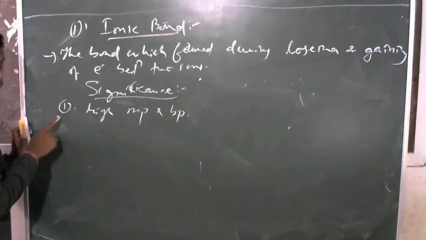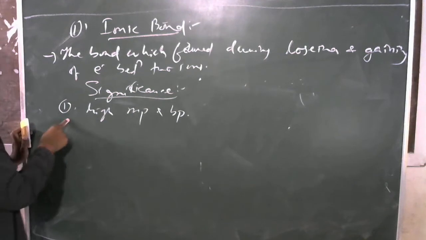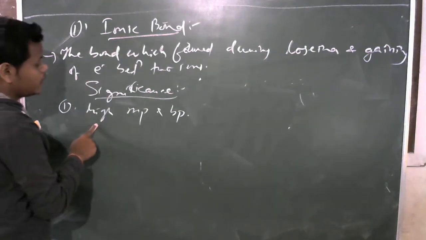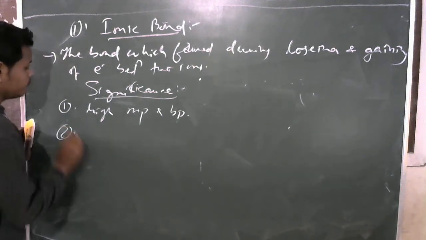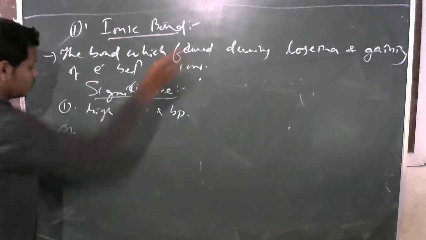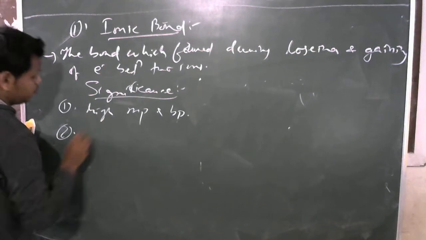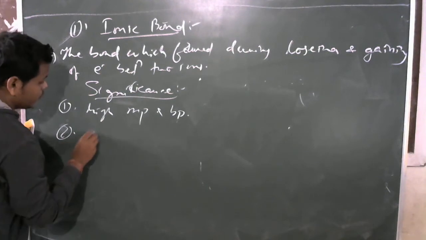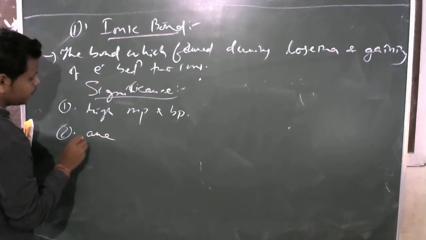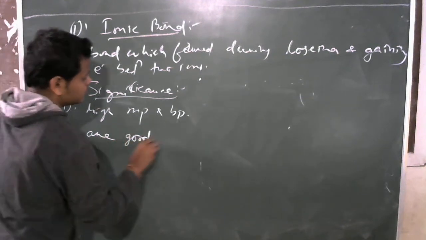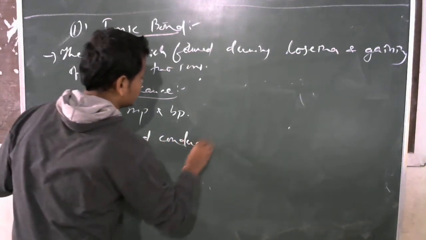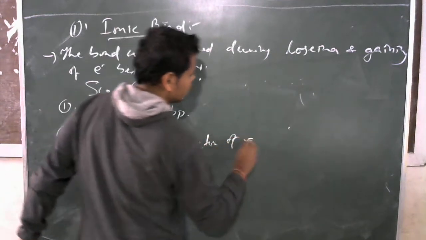Write it in a complete sentence: the compounds having ionic bonds have high melting point and boiling point. Then the second significance: the compounds having ionic bonds are good conductors of electricity.